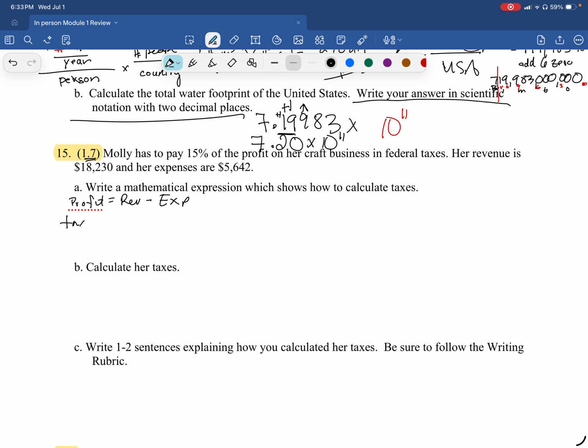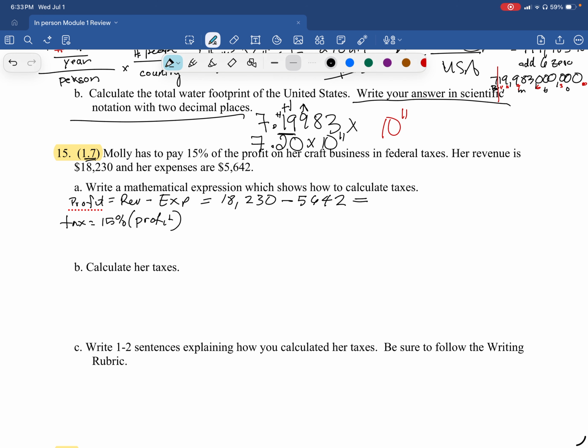And tax is equal to 15% on the profit. So we need to figure out the profit, which would be 18,230 minus 5,642. And that would equal a number.